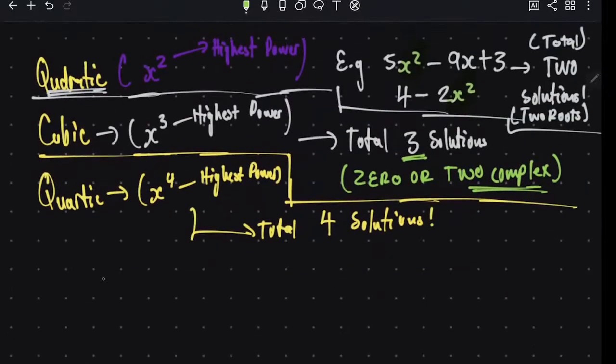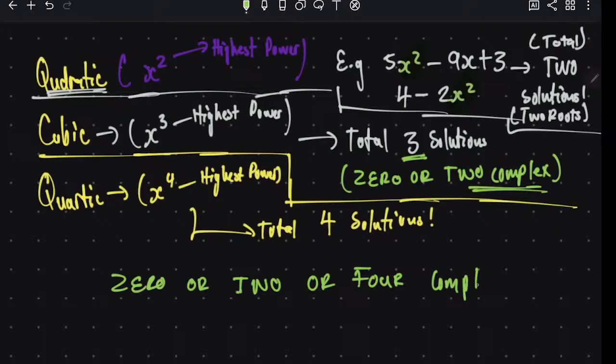Which means you can have 0 or 2 or 4 complex solutions. Because we have 4 answers in total, and we know that complex takes even numbers. So we can get 0 or 2 or 4.